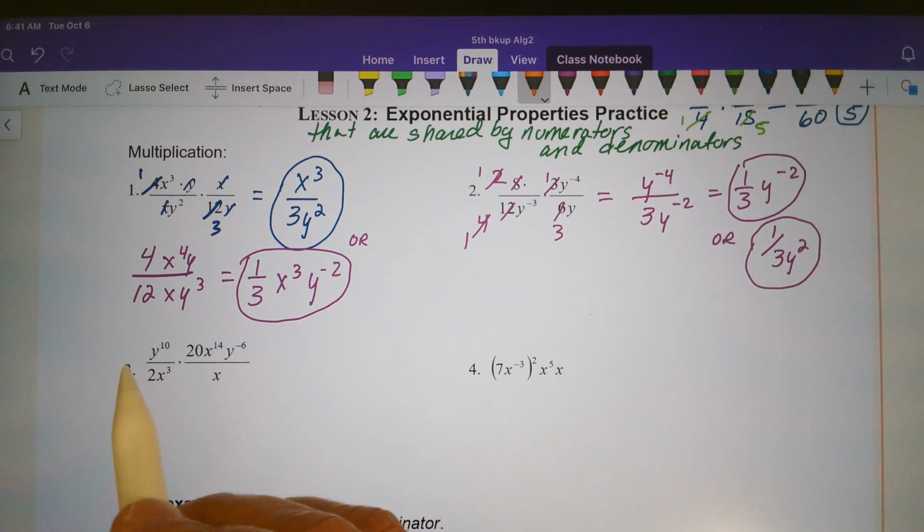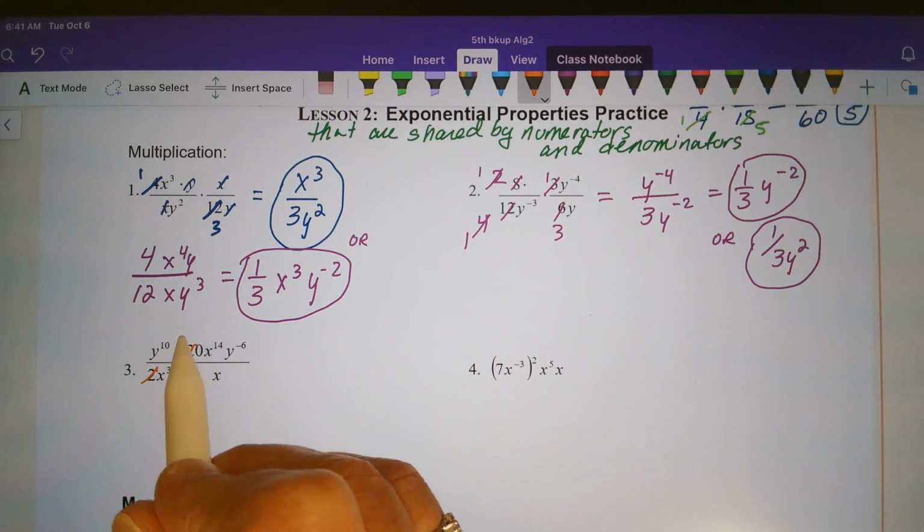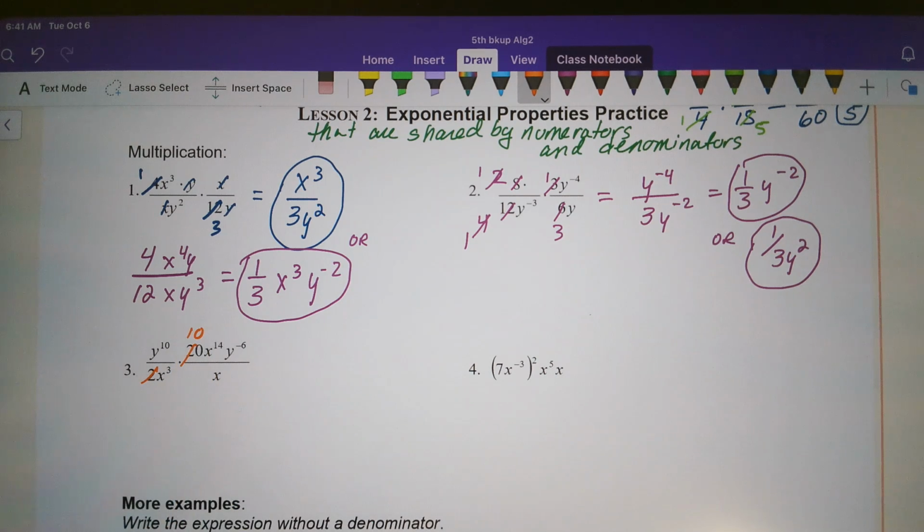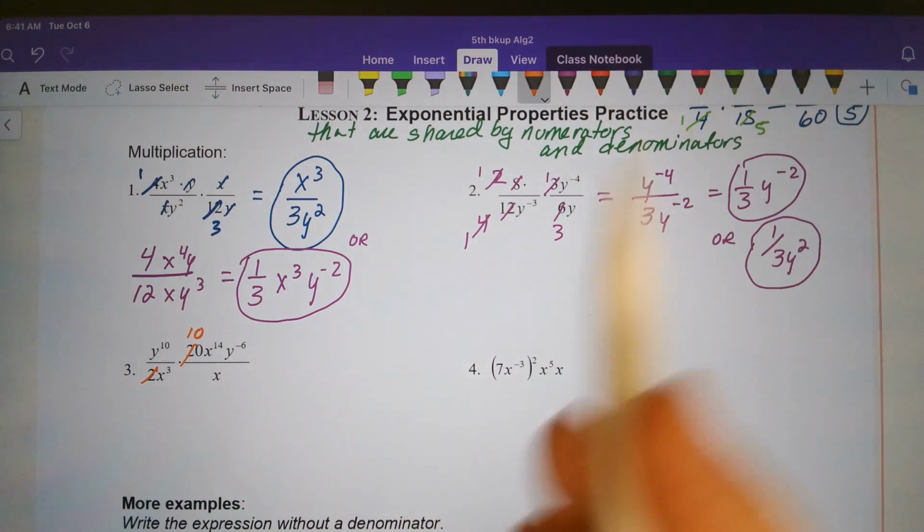And number 3, the 2 goes into 20 10 times. And perhaps that's all I will do for now. Let me multiply across.